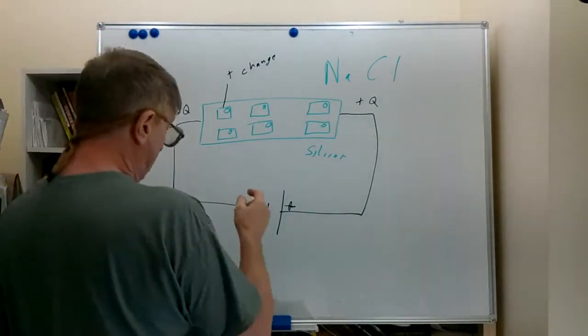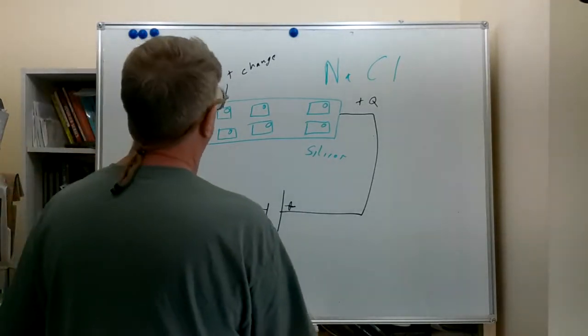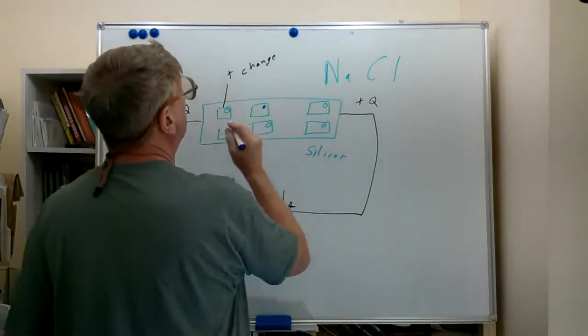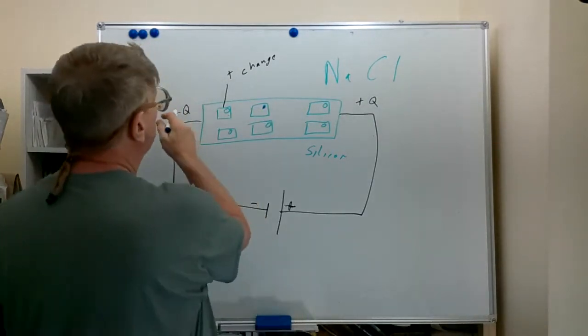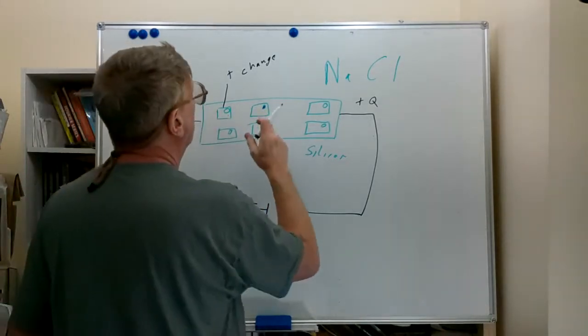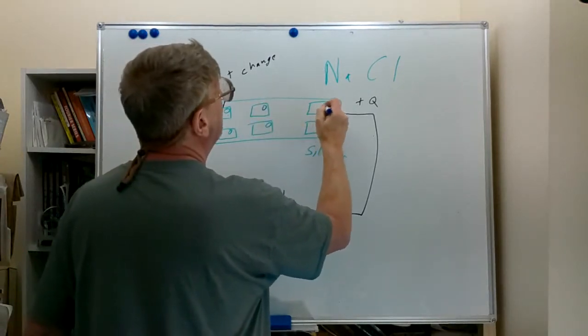Now, what happens is an electron will jump from here to here and fill this hole because it's repelled by this negative charge. And then the electron will jump to here and fill this hole.